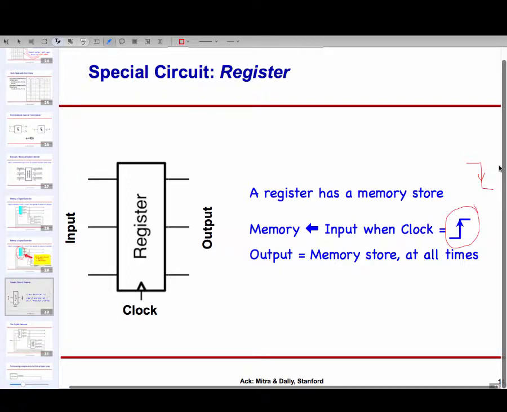Usually one direction is when the clock ticks. It's almost never the case that you will see circuits where the tick happens on both high-going and low-going signals. It's either voltage low to high or voltage high to low, or logic 0 to 1 and logic 1 to 0. Output is always equal to whatever is in that memory. So memory is updated, input is copied into the memory whenever the clock tick happens, and output is equal to memory all the time.